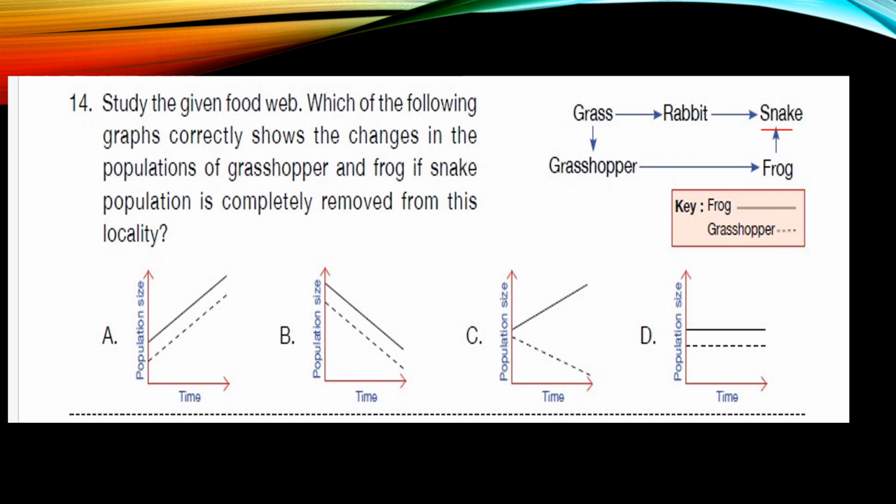If snake is removed, then the population of frog will increase because snake feeds on frog, and if frog will increase, then the population of grasshopper will decrease. So our correct answer is option C. Here the population of grasshopper is decreasing. This is grasshopper population and this is frog's population.